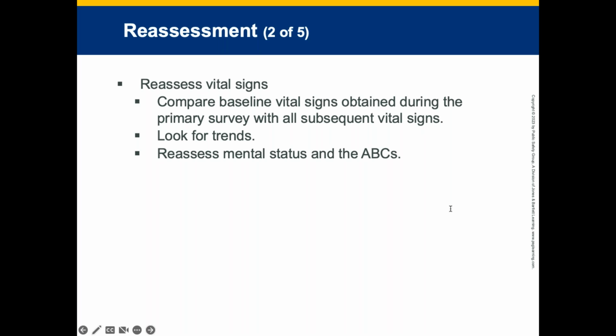This is what they call trending. I'm looking for those trends to see if what we are doing in the back of the ambulance is making the patient better, or are they getting worse? Do we need to tailor our assessment and our treatments to make the patient better again based upon what's not working? Monitor skin color and temperature because things can change quickly, and reassess the blood pressure and pupils.